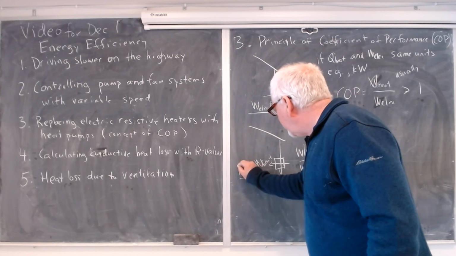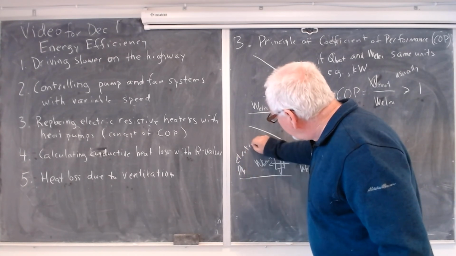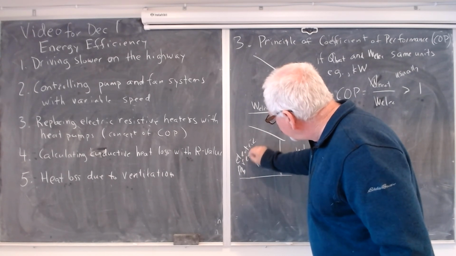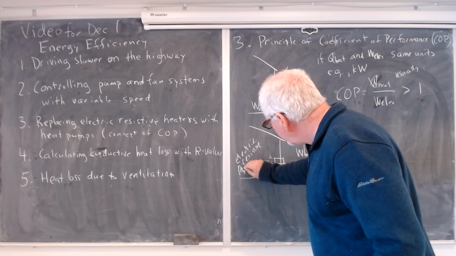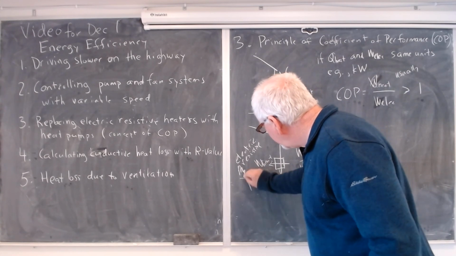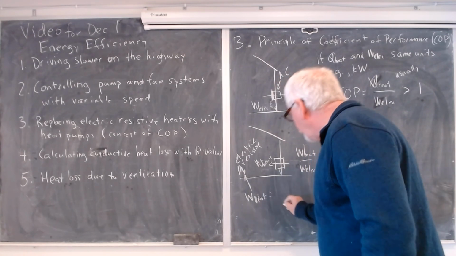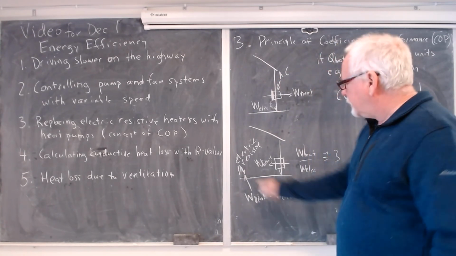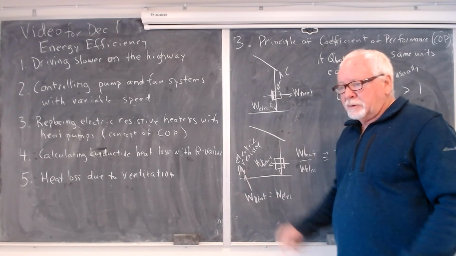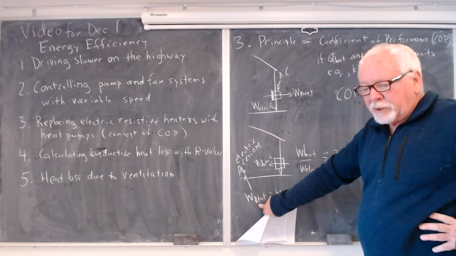Now, if instead you have a little electric heater, usually called a resistive heater, its heat is precisely equal to the electrical power in. It's just a resistor, basically. Whatever electrical power you put in, you get that much heat.